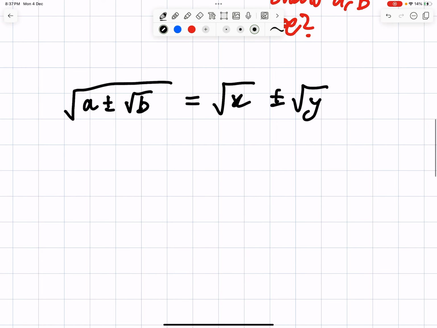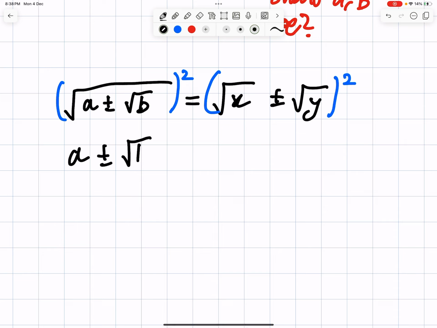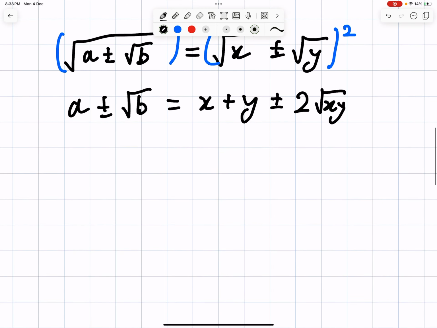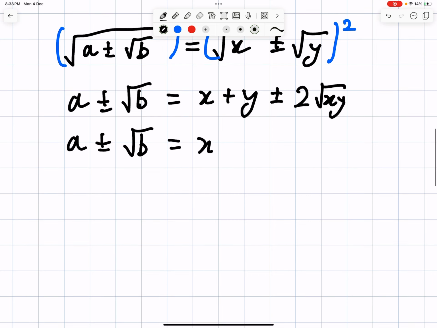So what I will do is take the square on both sides to obtain a plus minus square root b equals x plus y plus minus 2 square root xy by the identity. Simplifying this, we get a plus minus square root b equals x plus y plus minus square root 4xy.